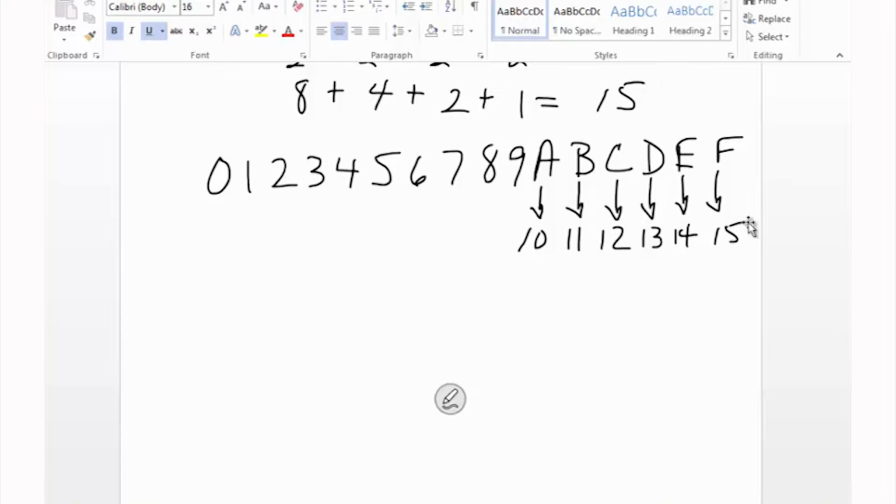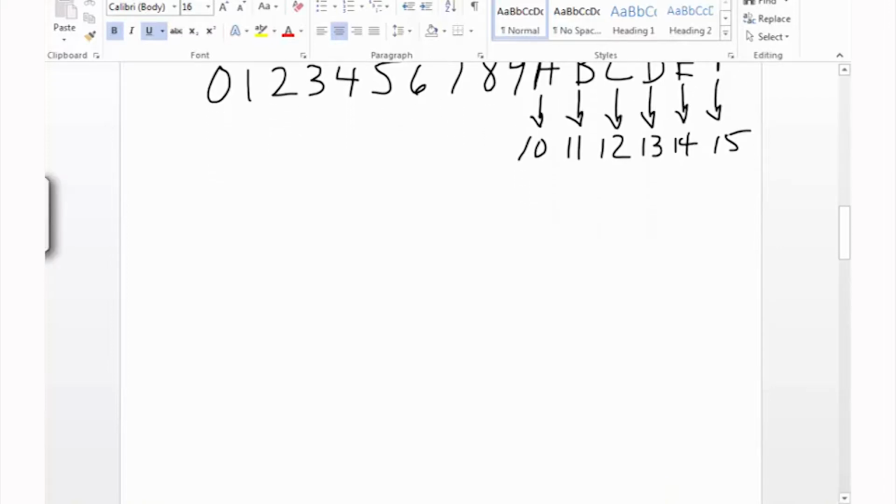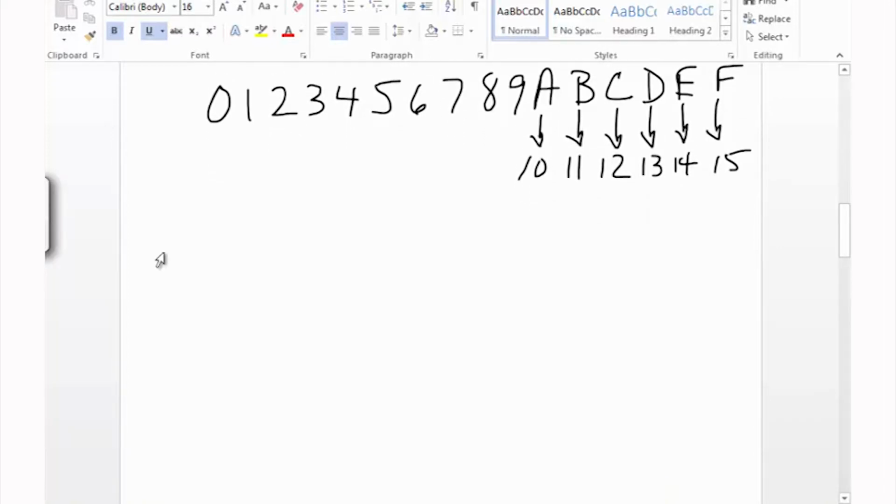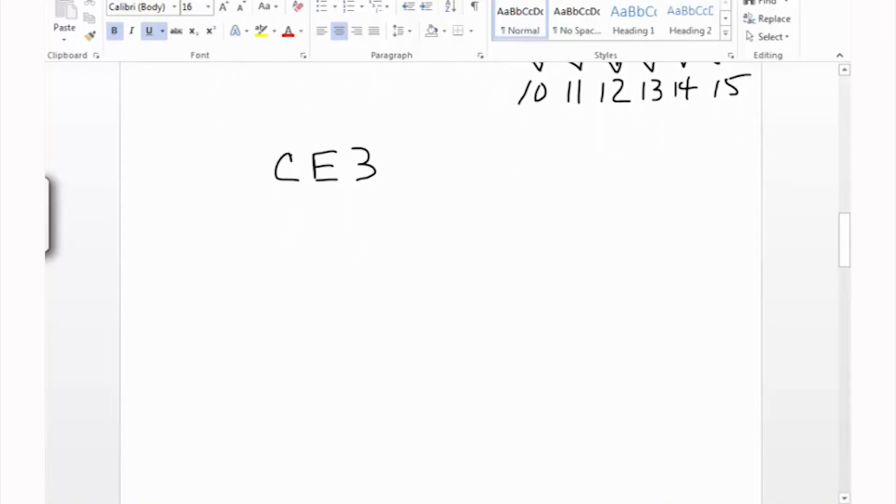So now that we've established where our base is, that base 16 system, let's just pick a random number in the hexadecimal system. Let's say CE3. Okay, so we've just used values here from our base 16 system, and let's go ahead and do some translation.